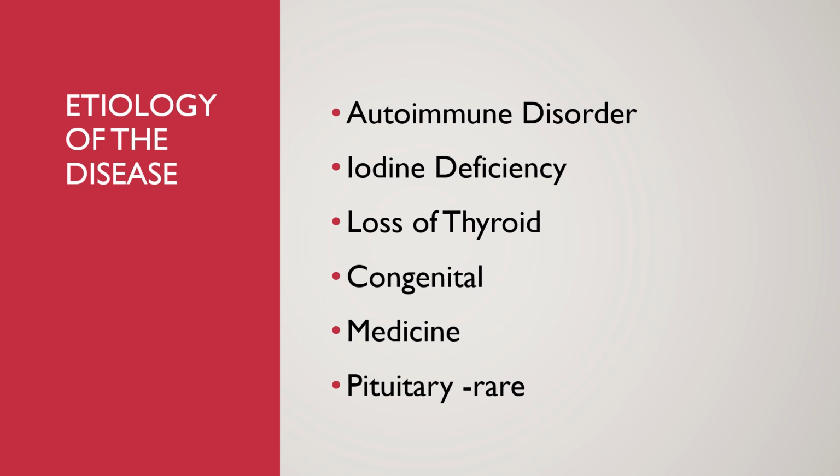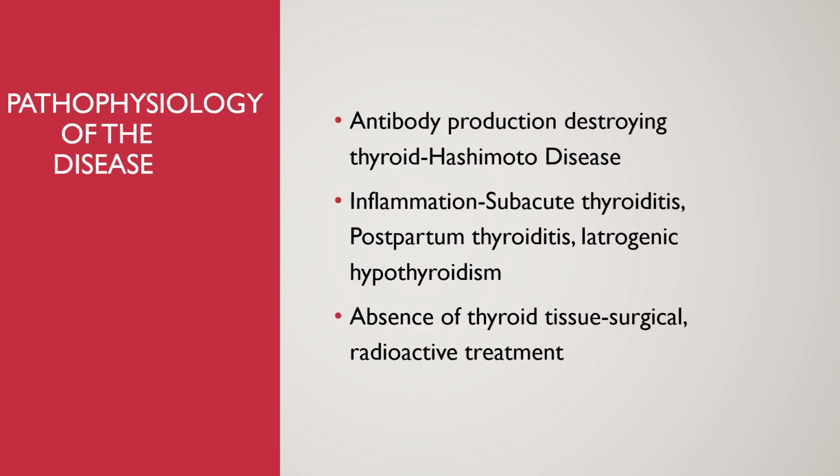And then another one, which is rare but could happen, is a failure of the pituitary gland to make enough TSH hormone. This could cause hypothyroidism. So the pathophysiology of the disease, again, is the antibody production destroying the thyroid, which can be found in Hashimoto's disease.